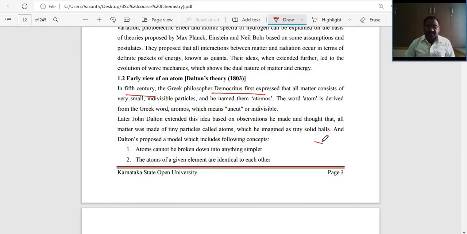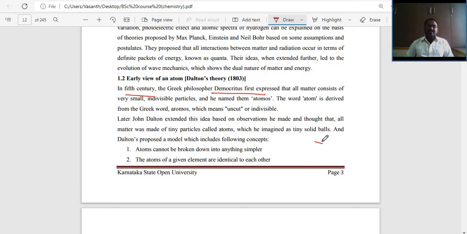The word atom is derived from the Greek word atomos, which means uncut or indivisible. It does not undergo further division. The very smallest tiny particle is called the atom.